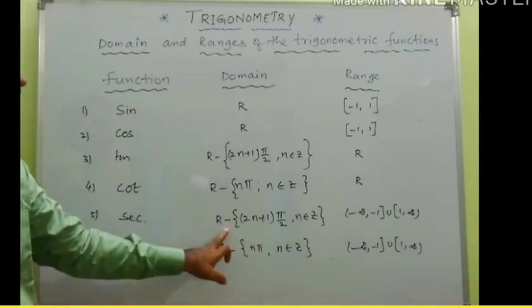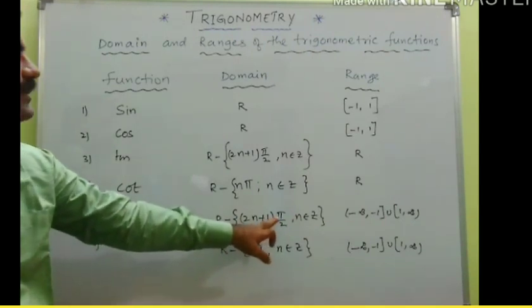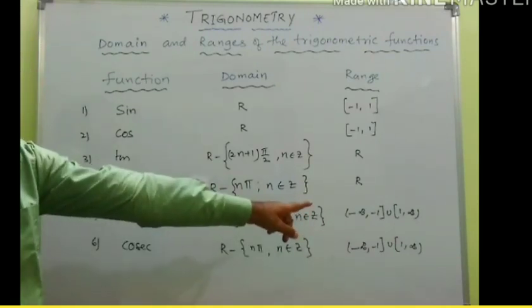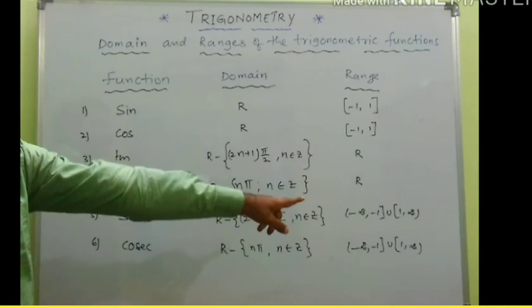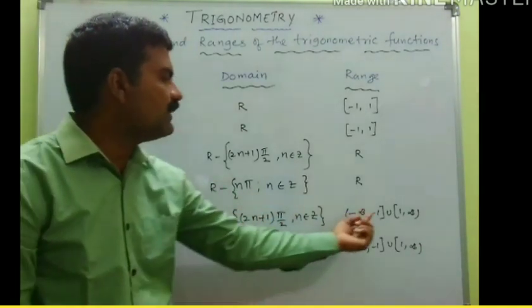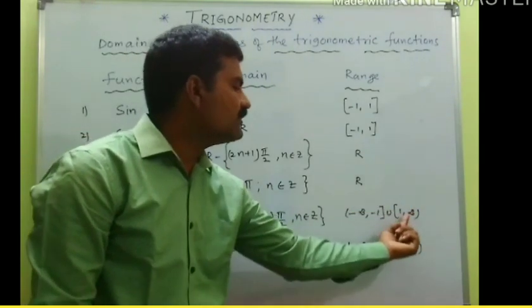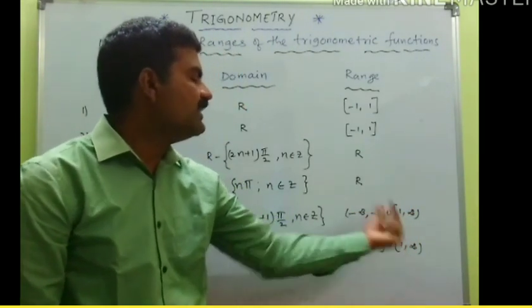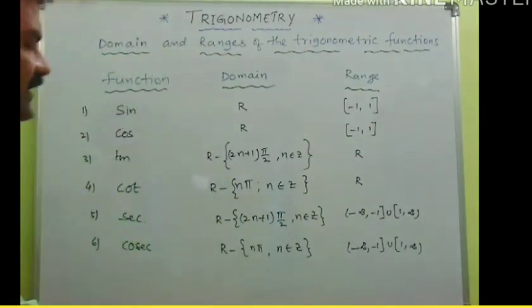Secant theta domain is R minus (2n plus 1) into pi by 2, n belongs to Z. And just now we discussed with proof regarding the range: secant theta will be less than or equal to -1 or more than or equal to 1. The meaning is minus infinity to -1 closed, union, closed 1 comma infinity.